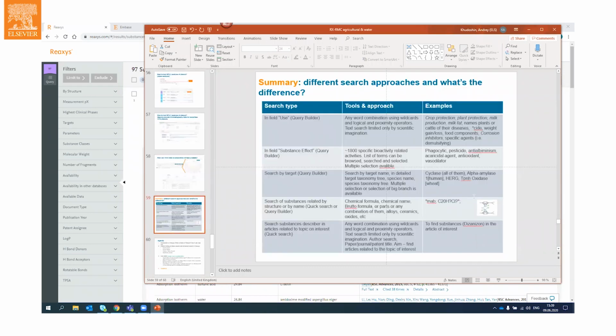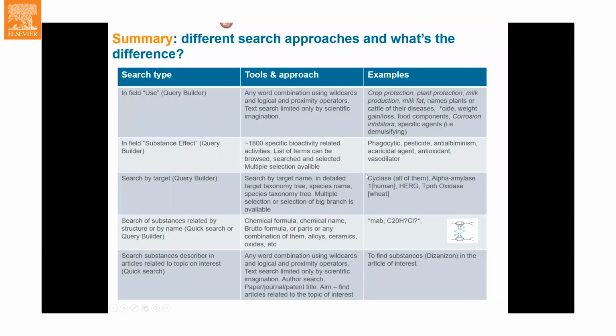In this slide of the presentation, I make a small summary about the different approaches to explain some ideas and limitations. So one of them, which we talked about today, was the use of the search field from the query builder.